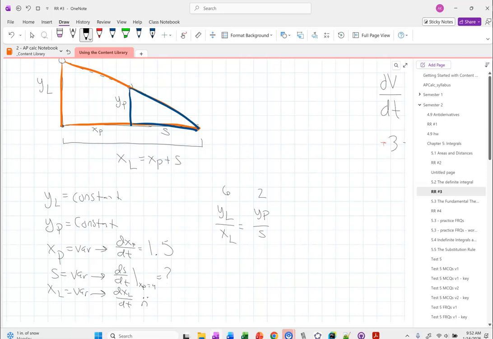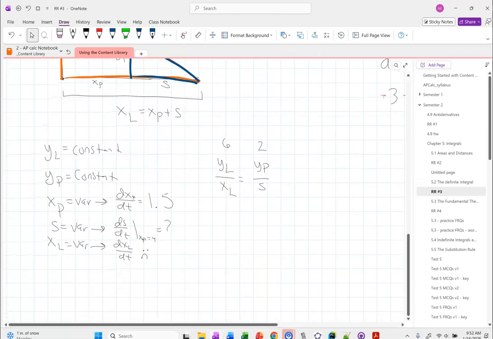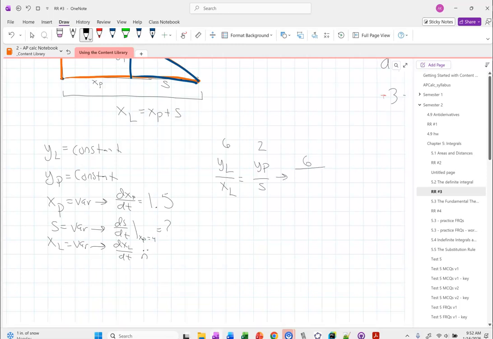All right. And then xl, we know, is xp plus s. So far, so good. I'm going to cross multiply, so 6s is equal to 2xp plus 2s.